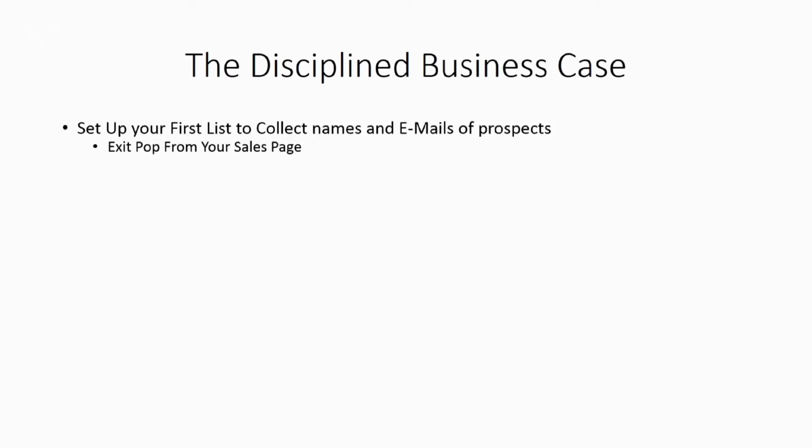So whatever your sales page is, whatever page builder you're using, you have to exit pop people who leave that page into another list. That means you're going to have to make sure you've got an offer that's awesome so that people can't say no to it. It needs to be something so awesome that people would be willing to pay for it.